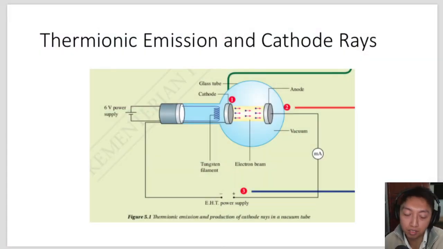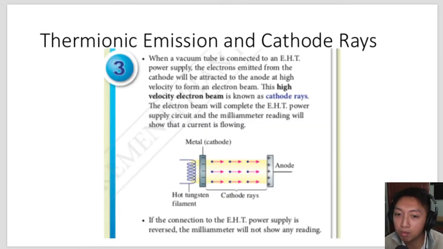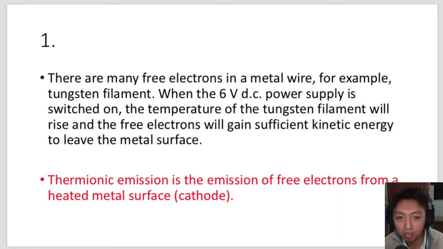All right, so that is basically how the cathode ray works and what thermionic emission is. Let's read some of the other explanations. So yeah, there are many free electrons in the metal wire, for example, the tungsten filament.